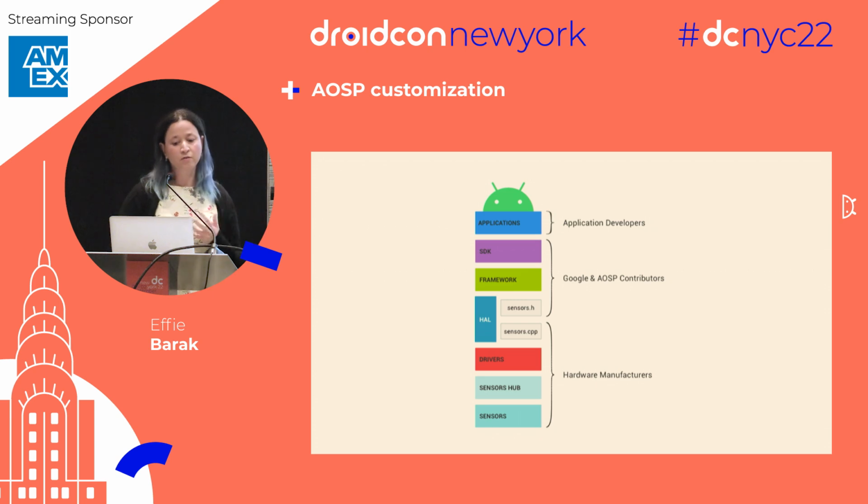Many manufacturers also change AOSP themselves, so they fork AOSP and change it, but by and large, the top part is where it's easy to make changes, it's where a Google developer will spend most of their life, and the bottom part is where a Samsung engineer would spend a lot of their time.